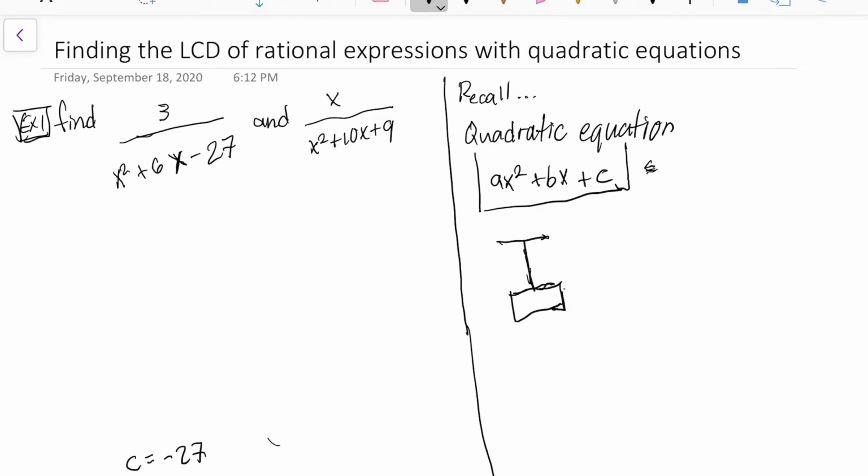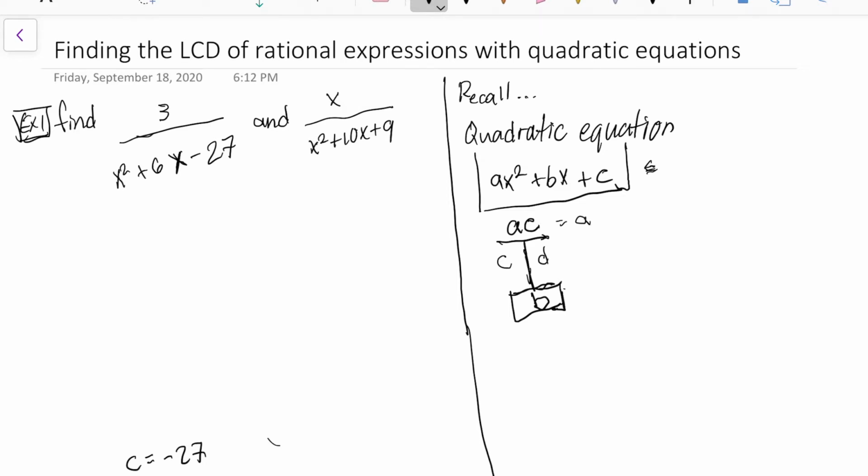What goes on the top would be A times C, and what goes on the bottom would be the value that you will get from your B. And the numbers that go here, let's call them C and D, if you multiply C and D, it should equal the number on top.